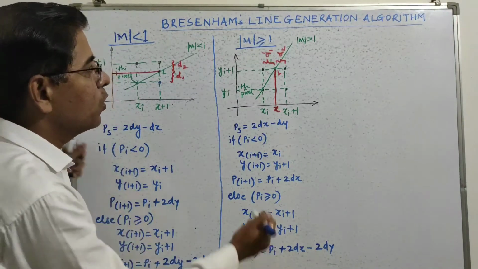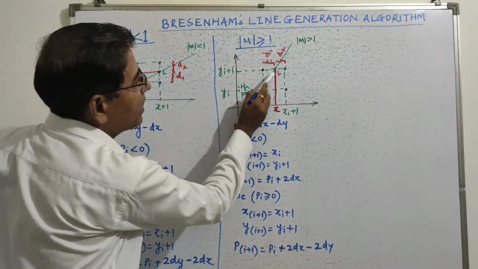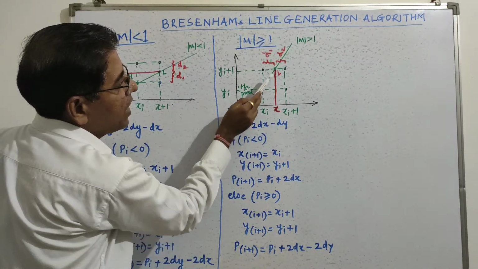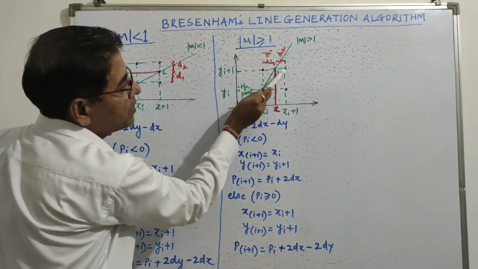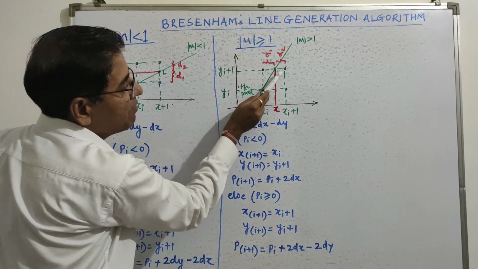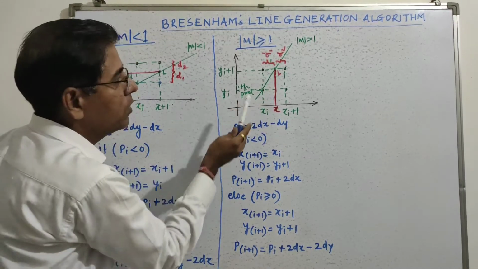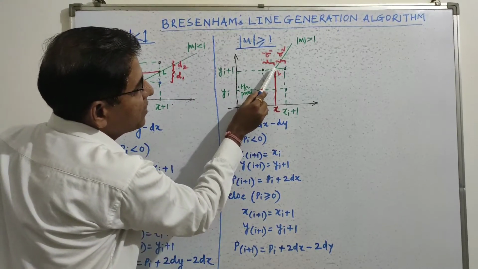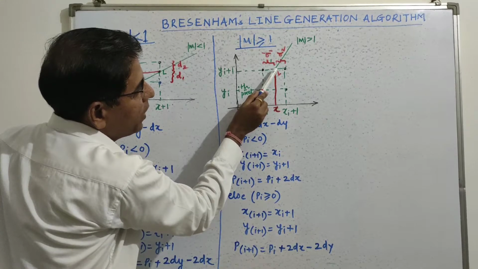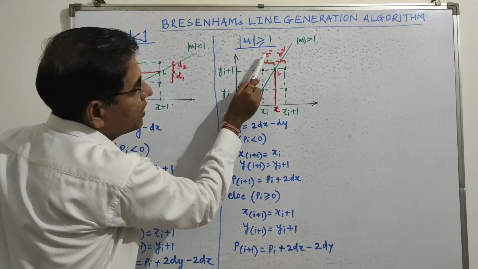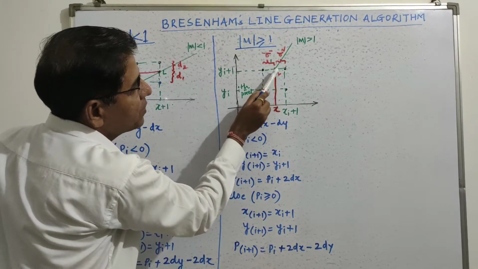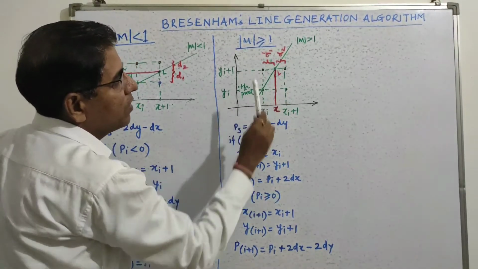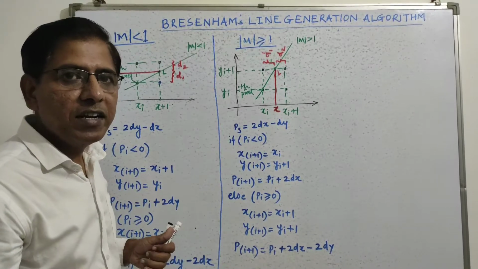Here also this is a line which is having slope greater than 1. Since the slope of the line is greater than 1, this line will pass to the left of this diagonal point. The distance of this intersection point and this point is d1, and the distance of this intersection point with this point is d2, and we compare d1 and d2.